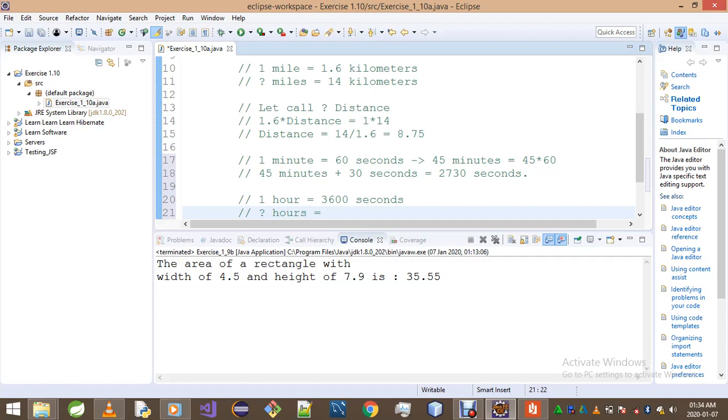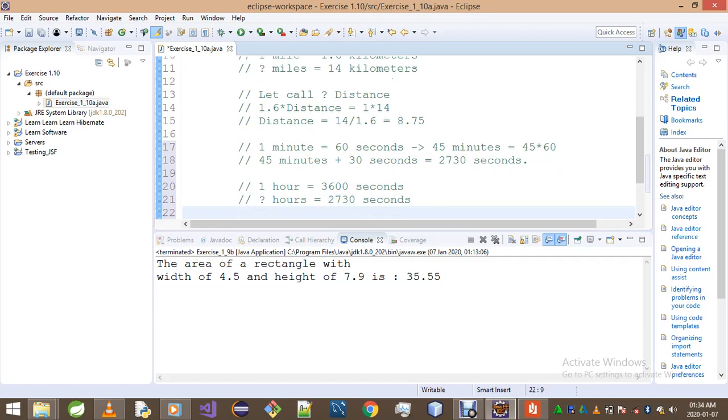We know the number of seconds, which is 2730 seconds. Again, by cross multiplying, what we get is, before we do that, let's call question mark time.